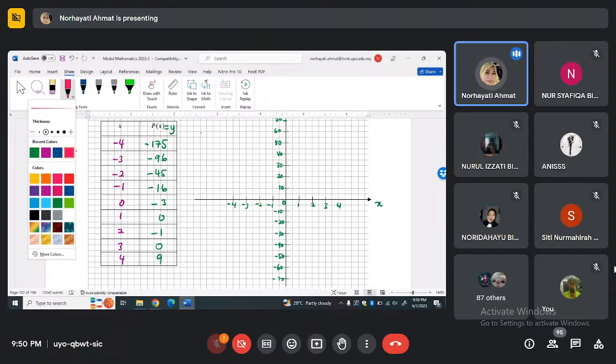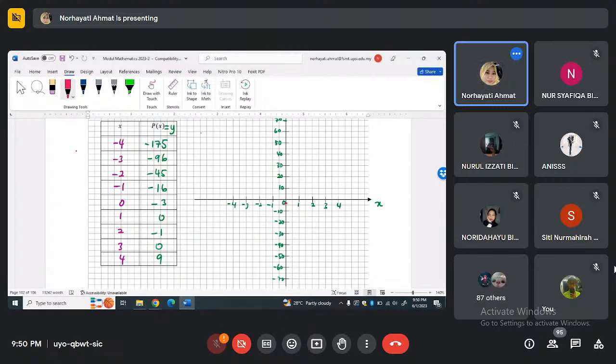So we take the first point, the easiest one. When x equals 0, P(x) is negative 3. 0, negative 3, which is here. Very small here, before 5. We plot here. When x equals 1, P(x) is 0. Here. When x equals 2, P(x) is negative 1. 2, negative 1.